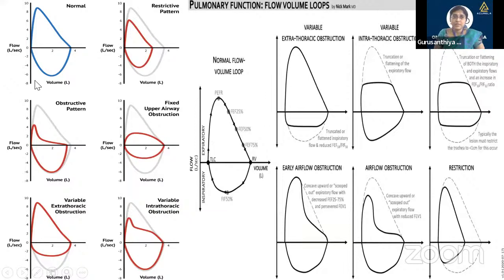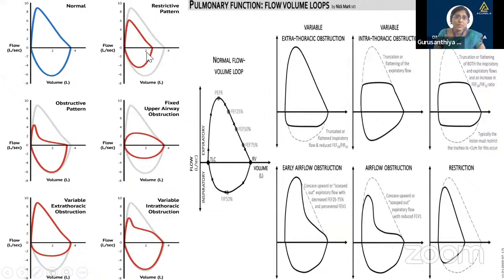So then comes the restrictive pattern. In restrictive pattern, as I've said earlier, FEV1 is reduced, FVC is reduced, total lung capacity is reduced, residual volume is reduced, all of it are reduced. So as you can see, this is the normal graph. Here, the total lung capacity itself has decreased close to, say this is 3.